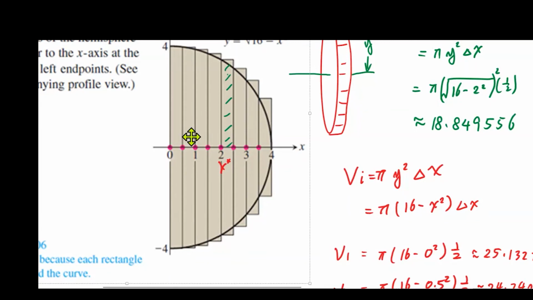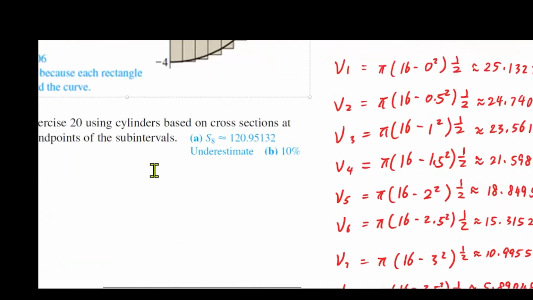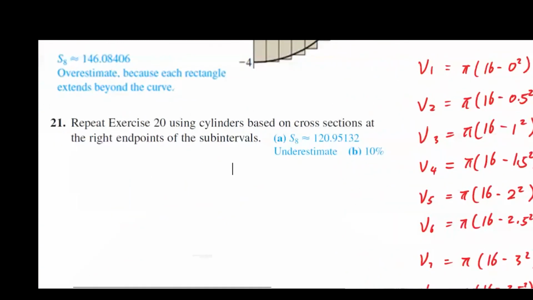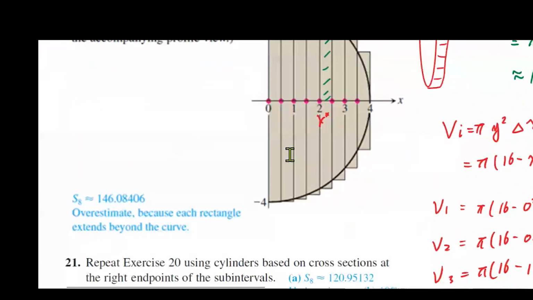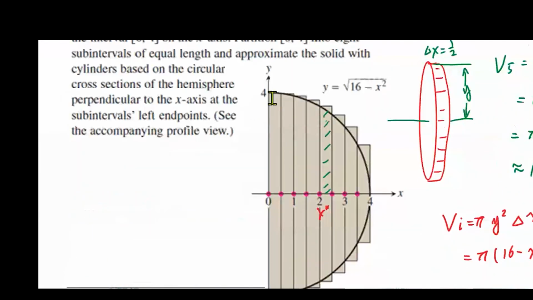Having said that, number 21 says, repeat this using the right rectangle, right? Well, instead of redoing all that work, why don't we just throw this one away and add the last one in? You know what I'm saying?